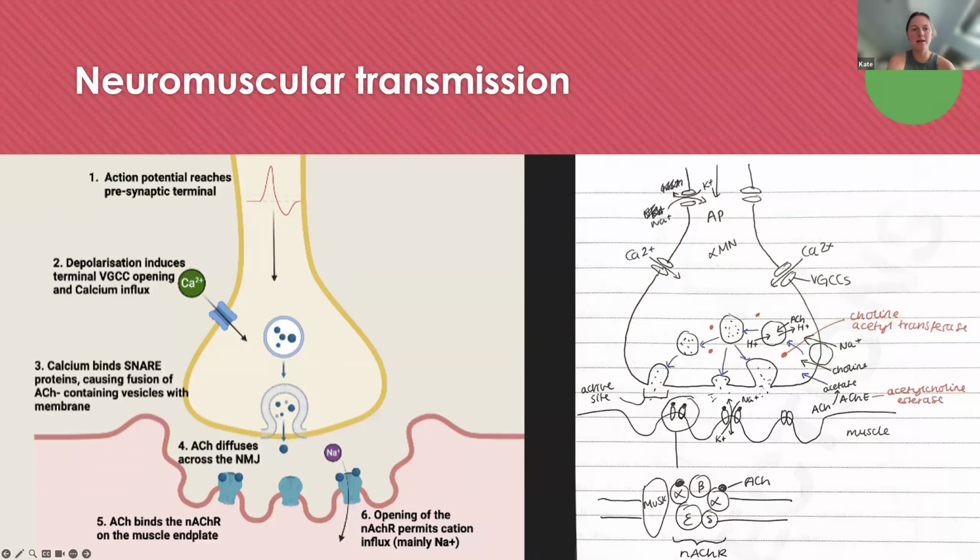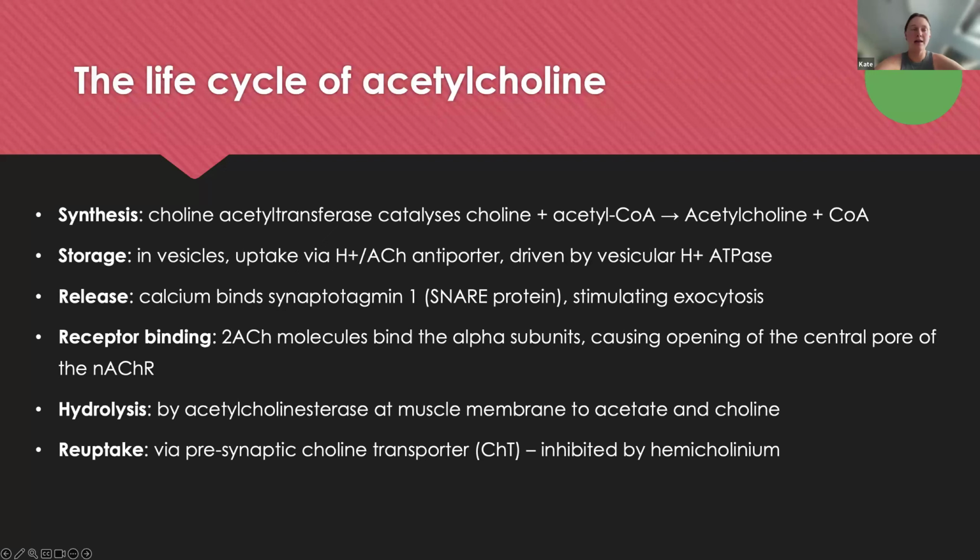So this slide summarizes the life cycle of acetylcholine. It's synthesized from choline and acetate, acetyl-CoA, by choline acetyltransferase. It's stored in vesicles. It's released, and then we talked about it being released into the cleft and binding to the receptor.